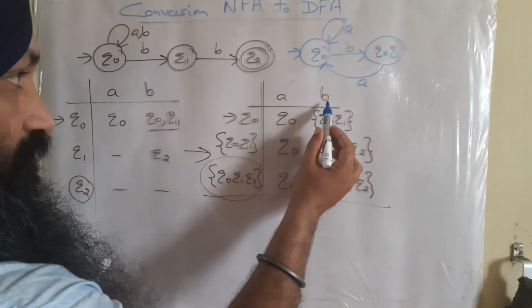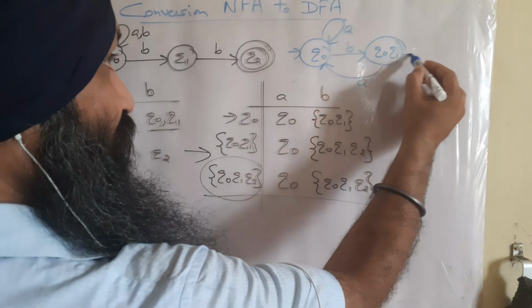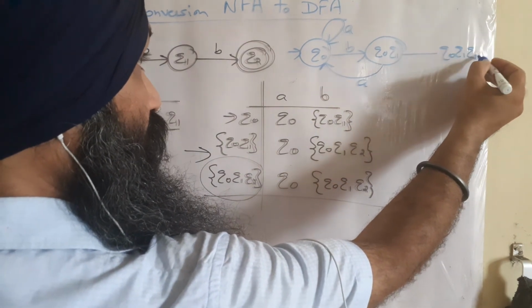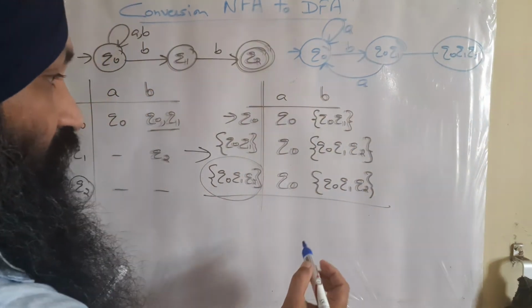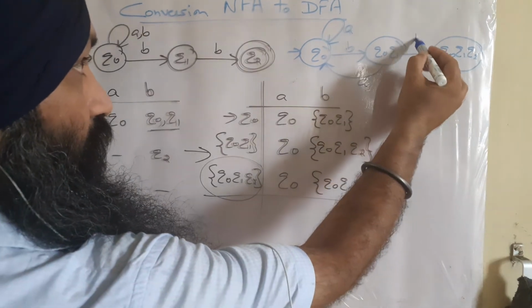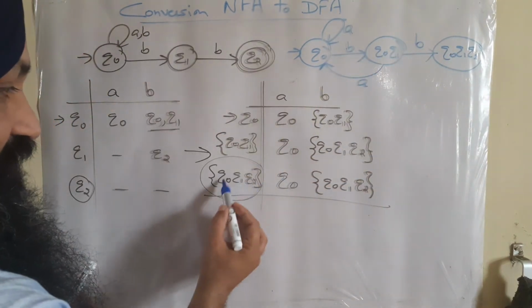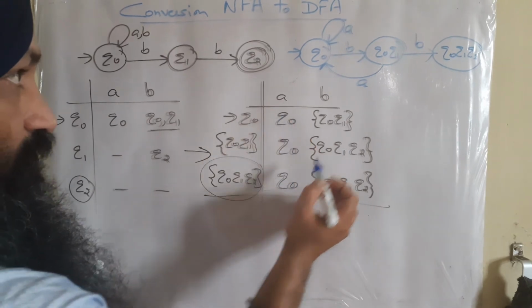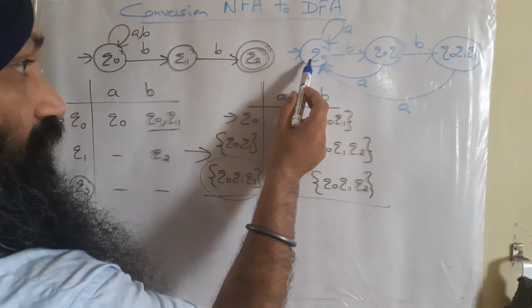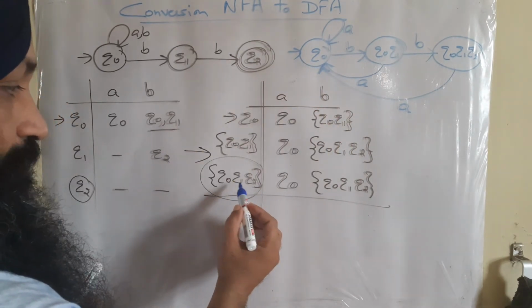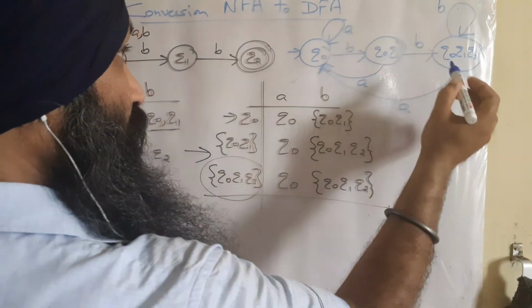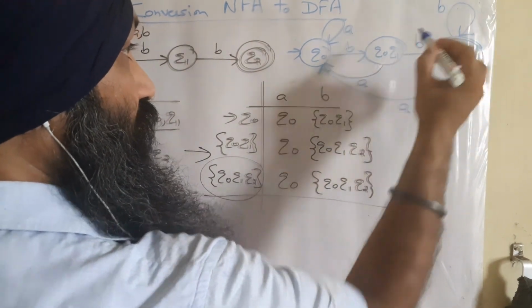But with respect to input symbol B, it moves to the next state, that is Q0 Q1 Q2. Now this final state with respect to A moves back towards the state Q0, and with respect to B remains at the same state. So we get a self loop here, and this is going to be the final state.